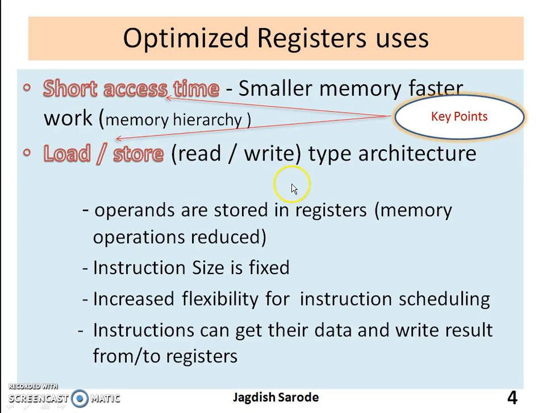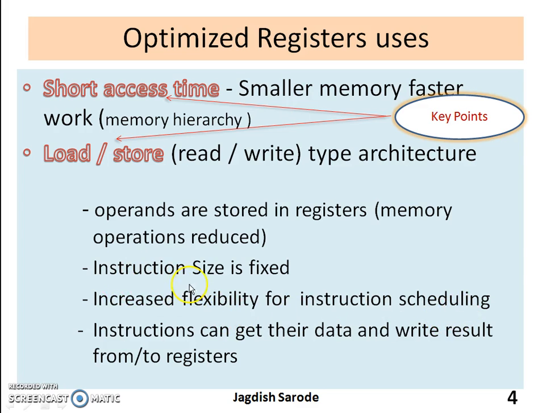Then the third important aspect regarding optimized use of registers is fixed size instruction. If our instruction size is fixed, we can optimally use the registers. Also we can schedule the instructions.